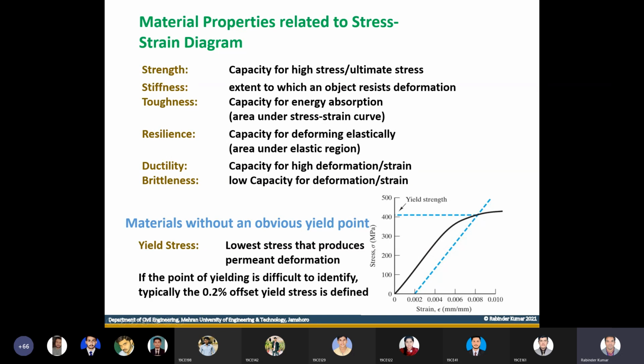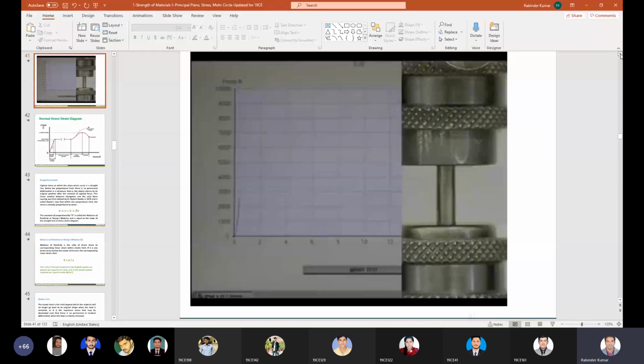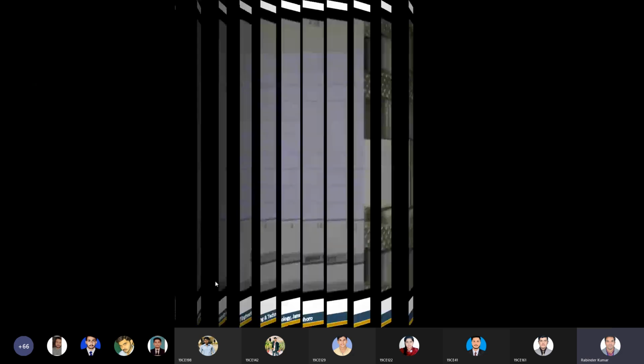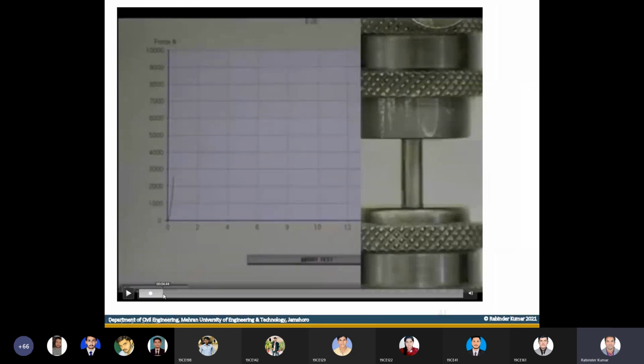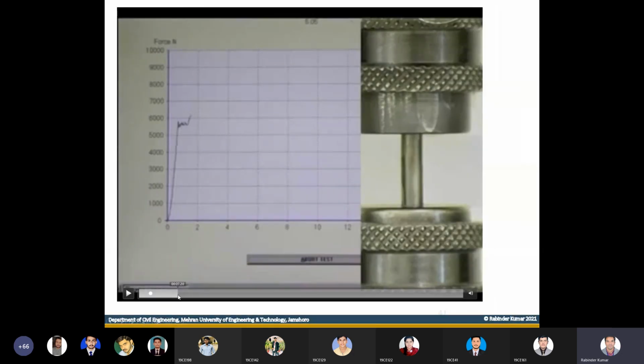I showed you in this experiment. Now because this is mild steel, we can see its yield point.